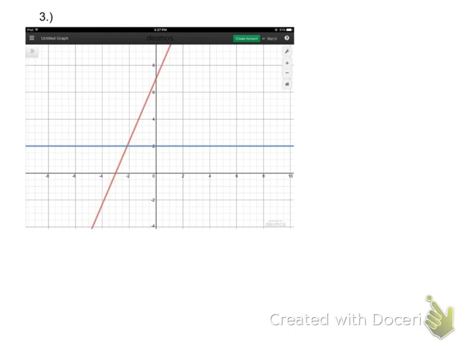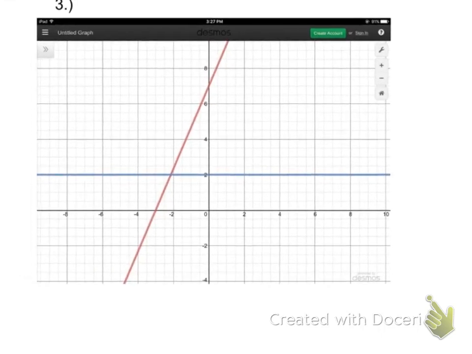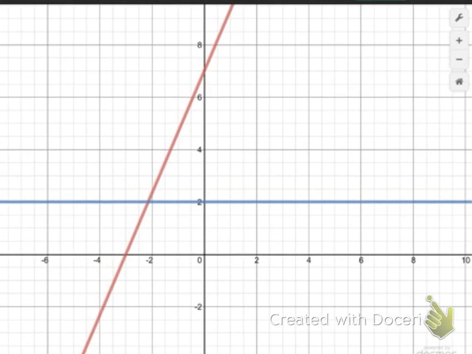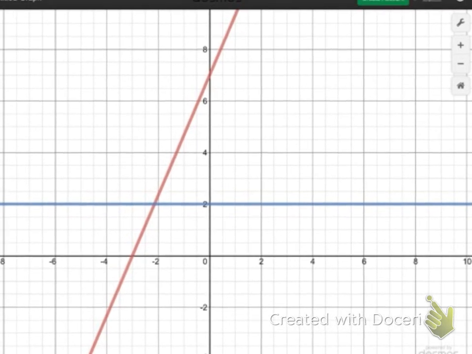The last example of lines is they're going to give you some graphs here. There are 2 actual lines here if you can see them. We have the red line and this blue line. So the question is, let me make this larger. Can you take from this and create the equation of the lines?